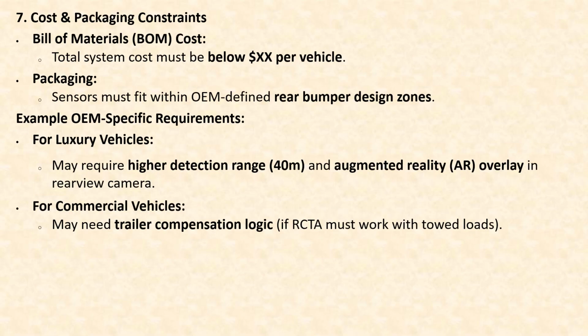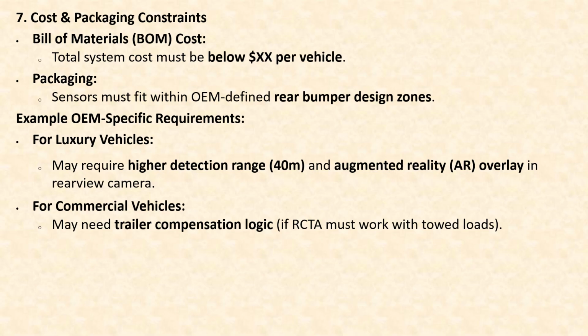Next is cost and packaging constraints. Bill of materials: total system must cost below so many dollars per vehicle. Now this is something important because all said and done, this is business. When an OEM approaches a tier 1, they clearly give the cost constraint, and also the system must fit within the OEM defined rear bumper design zones.